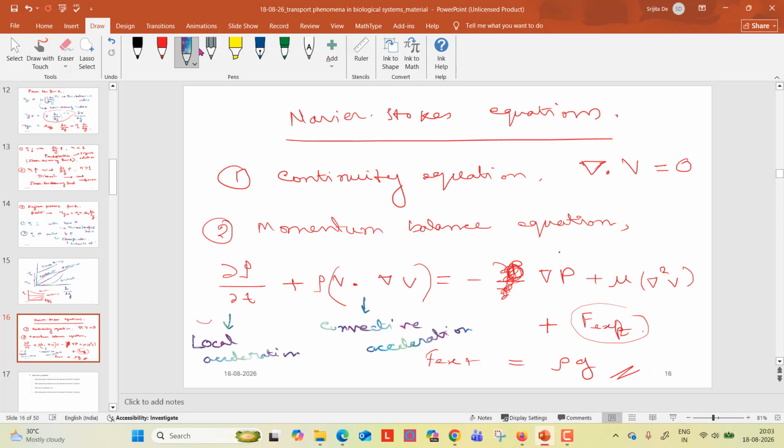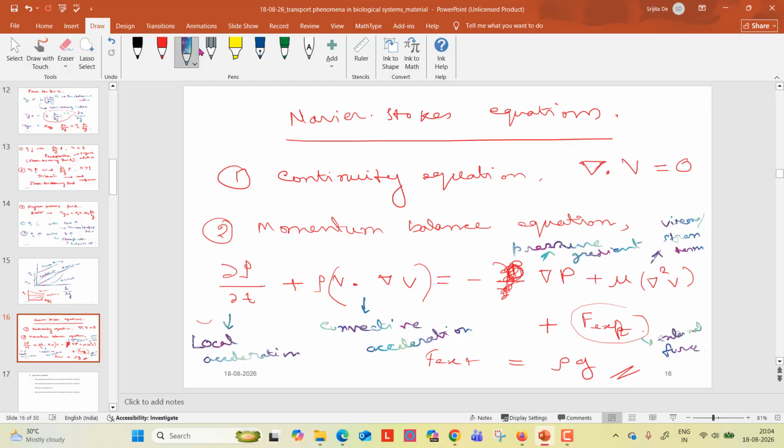This is your pressure gradient. This incorporates your viscous term or stress term, because you have seen how stress is related to viscosity, just now from Newton's law of viscosity. And this is the external force term. This external force can be anything depending on the system.